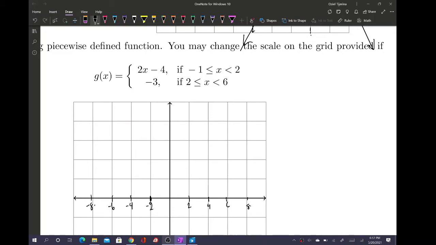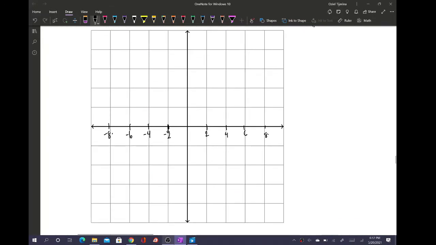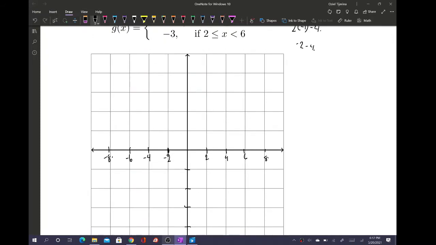It says if -1 is less than or equal to x is less than 2, so if I evaluate at -1, I use this first equation. I say 2 times -1 minus 4. This is -2 minus 4. This is -6. So I'm going to do -2, -4, -6, -8, etc. 2, 4, 6, 8.